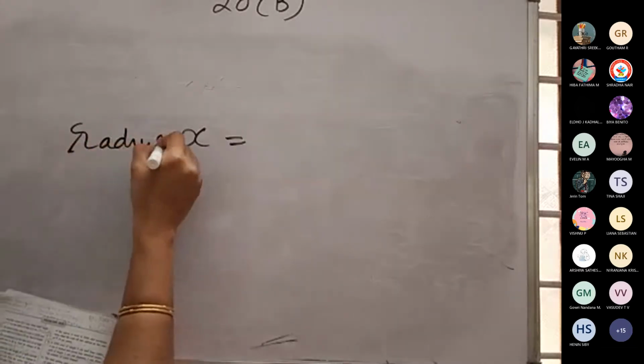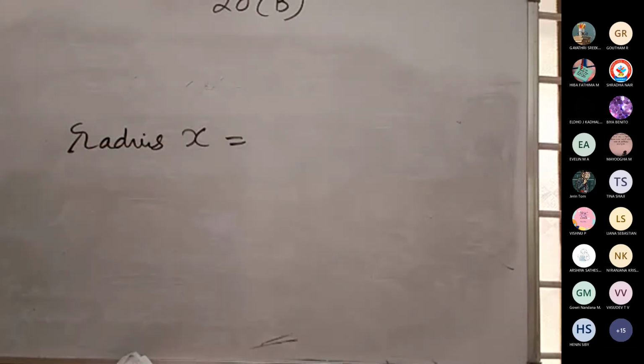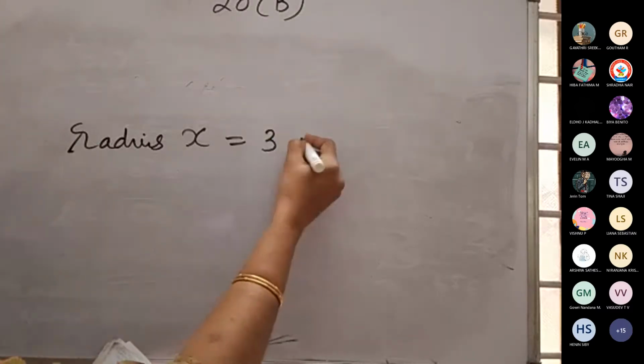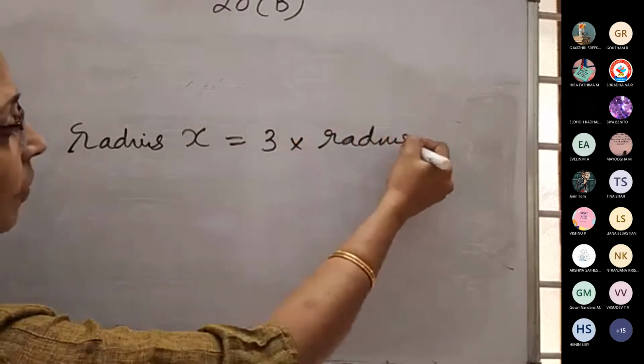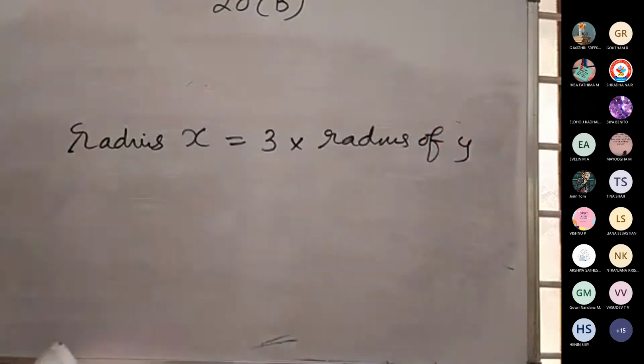X having 3 times the radius of Y. That sentence is clear or not? That is, radius of cone X is equal to 3 times the radius of Y, and Y having half the volume of X.